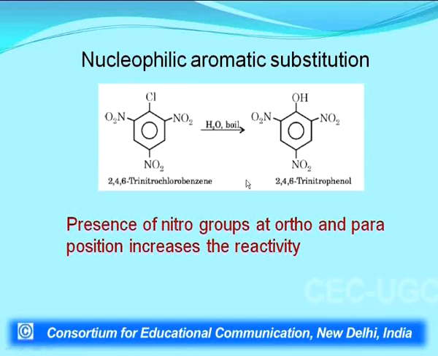So, one of the observations in this nucleophilic aromatic substitution reaction was that the presence of nitro group at ortho or para position increases the reactivity and makes the reaction easier.